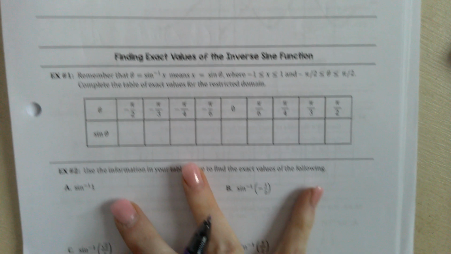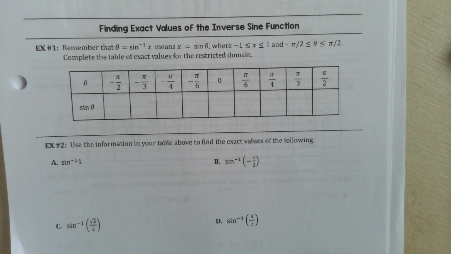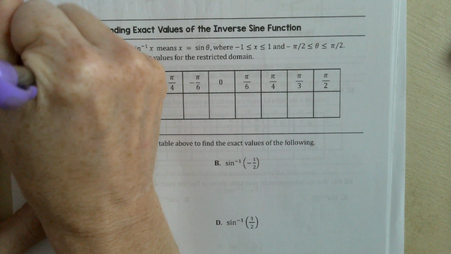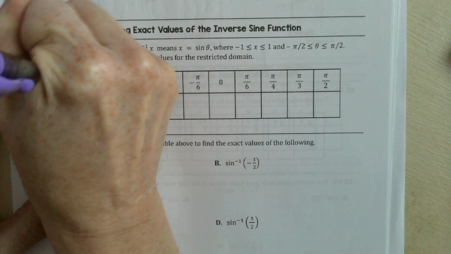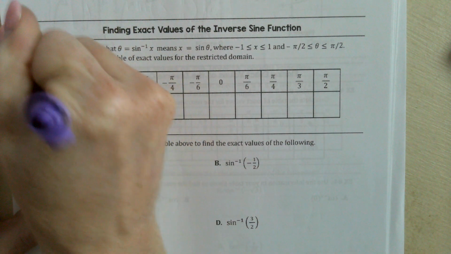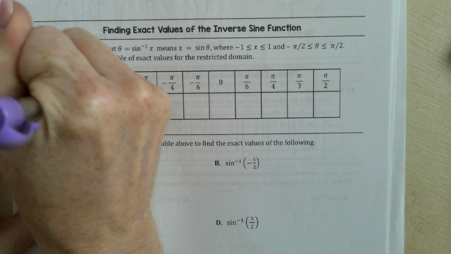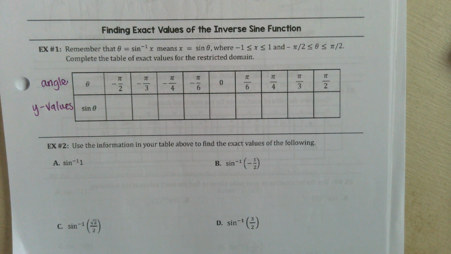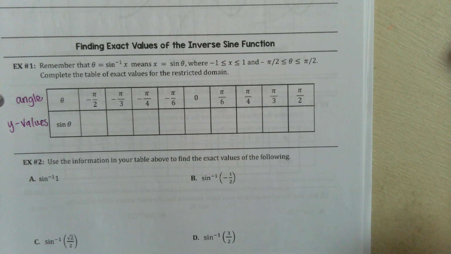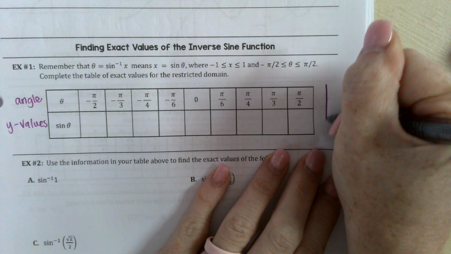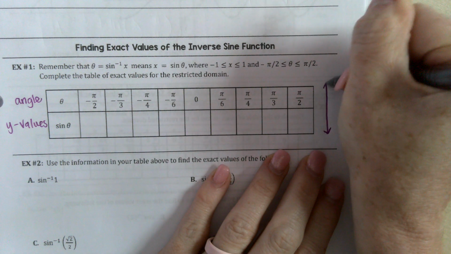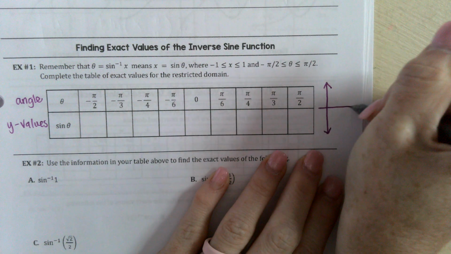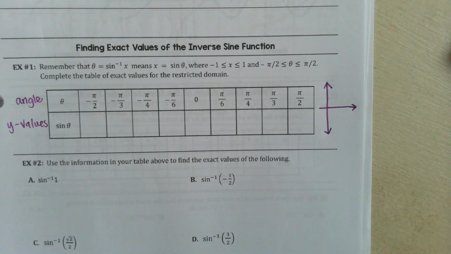So here we go. Let's fill in this table for just my sine function. Theta represents my angle measures, and then my sine represents the y values, or the y coordinate. Because I'm a visual person, I'm going to come over here and draw the part of the unit circle that domain covers.